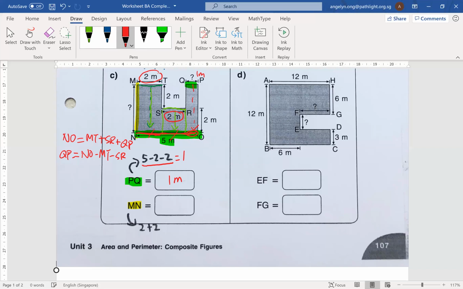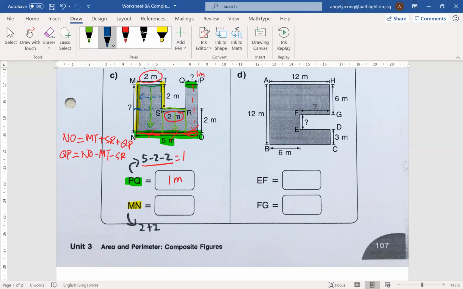And then I need to find MN. This one here at the side. How do I find MN? I can try to break down again also. So if I cut it in the middle here, like that, I can see that this section is equal to here, where TS can fit, like this part of TS can fit into this part of MN until here.